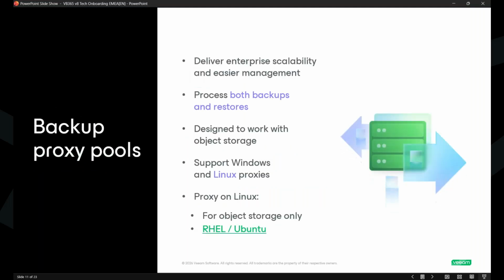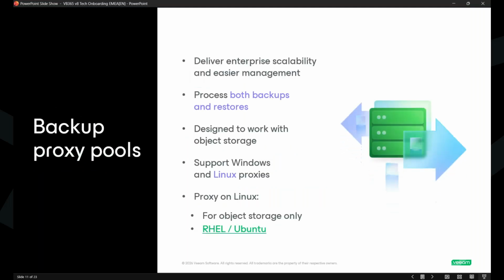And moving on, the backup proxy pools. Those are in use whenever we're discussing larger environments, because it comes to a point where one singular proxy will not cut it anymore. And having a dedicated proxy for the jobs might make the management a little bit harder. In that scenario, we can create a backup proxy pool that can manage multiple repositories without any kind of issues.